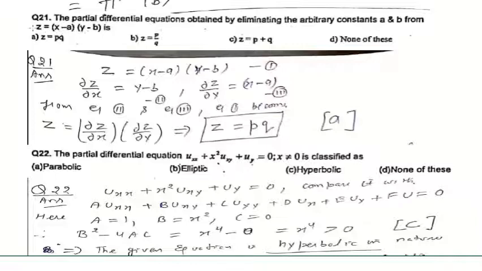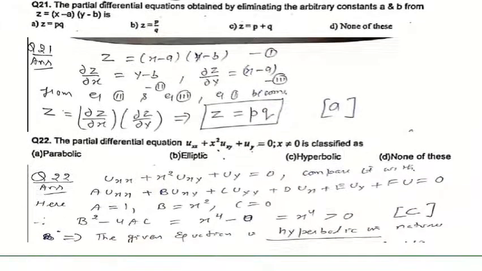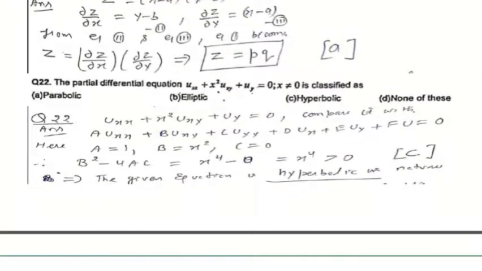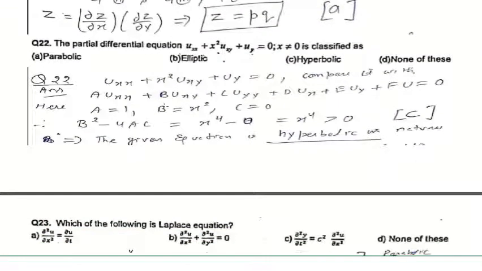So your basic task is to eliminate the arbitrary constant by using the derivatives, and the relationship between the variable and their derivative is the differential equation. Similarly, in the next question, question number 22, the partial differential equation, you are asked to classify the partial differential equation. What type of this differential equation is?